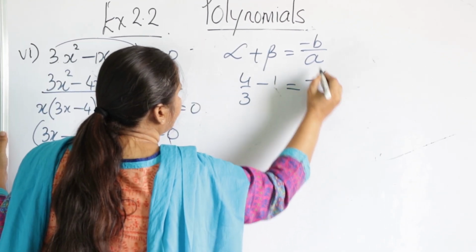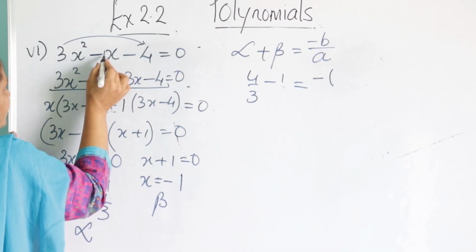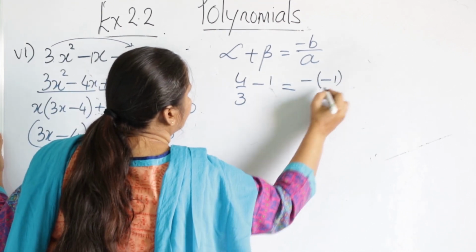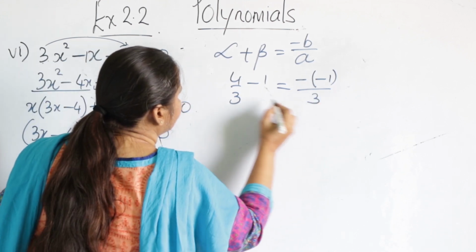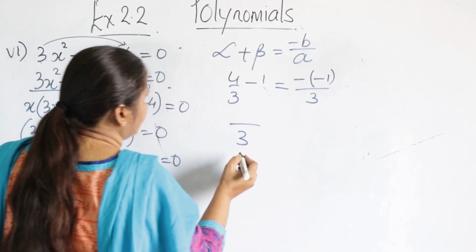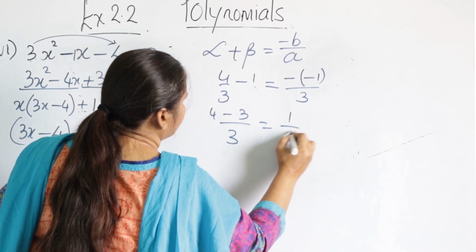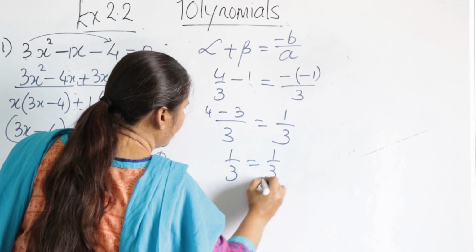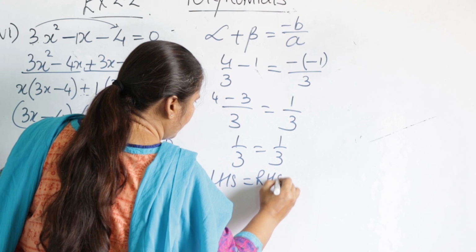Minus of, this minus is the formula, and again we have to take minus because it is with the coefficient of b. Minus 1. What is a? 3. 4 minus 3, 1 by 3. 1 by 3 equals 1 by 3. LHS is equal to RHS.